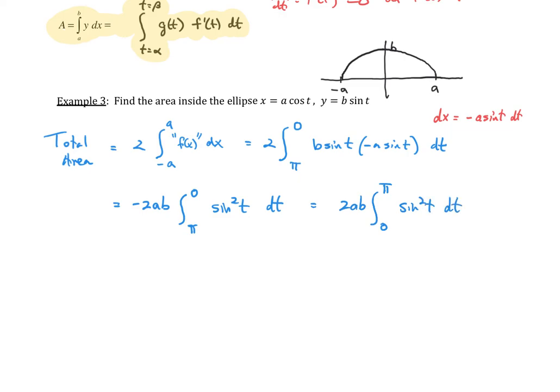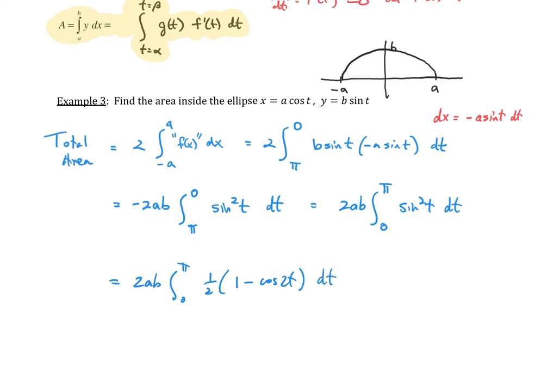Now, this is the classic trigonometric integral where I need to use the half angle formula. So I'm going to have 2ab times the integral from 0 to pi of 1/2 times 1 minus cosine 2t dt.